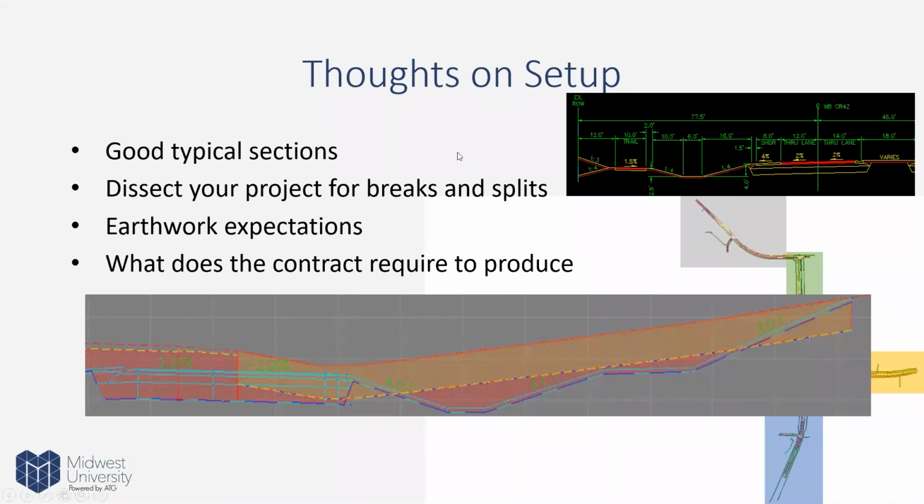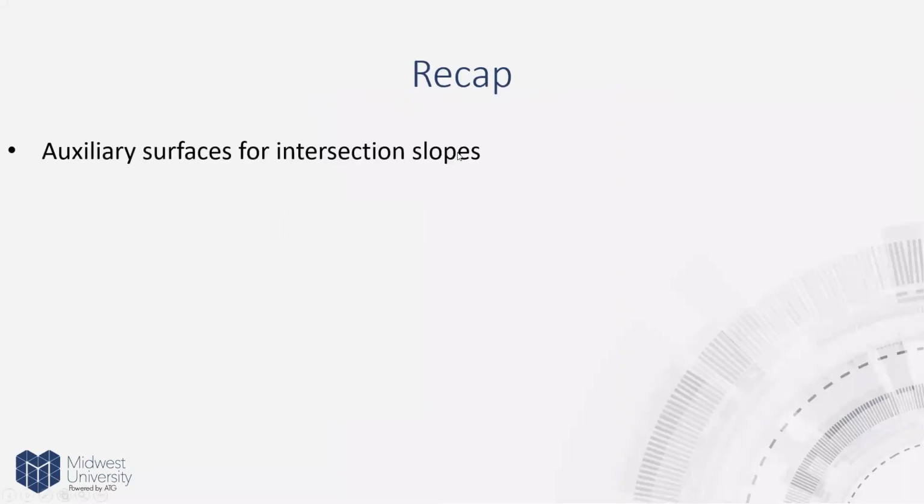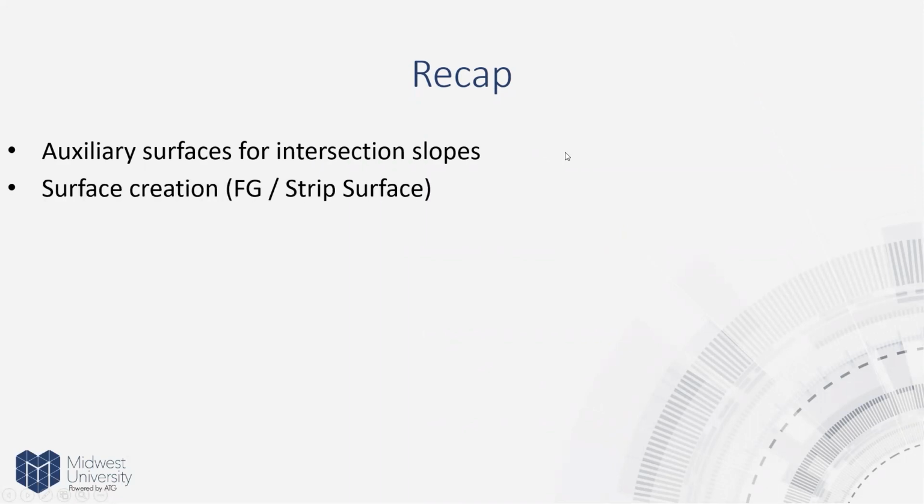So just to recap, we went through auxiliary surfaces for intercepting slopes of proposed slopes and how to get those to line up to make better surfaces and better cross sections. We looked at surface creation, whether that was finished ground surface from the corridor itself or doing strip surfaces using the differential tin surface option. I know it's a complicated process, but it definitely is worth the effort.